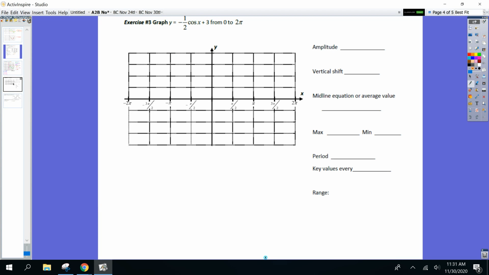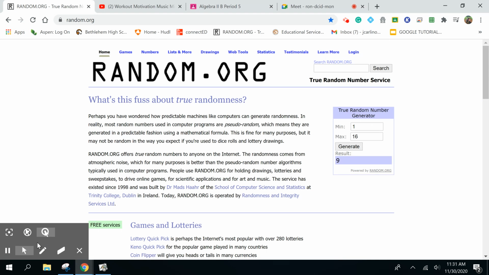I got everything I could possibly throw at you right now. The last thing I'm going to do is graph. I'm going to first pick somebody to help me through all of these values just by knowing the equation.